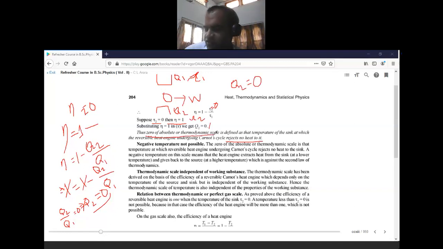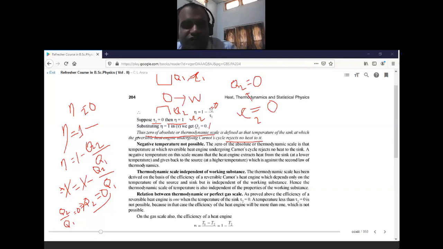What is the zero of the absolute scale? It is defined as the temperature of the sink. Because where we get tau 2 equal to 0, that means if tau 2 equals 0, Q2 will also be equal to 0. The zero of the absolute or thermodynamic scale is the temperature of the sink.